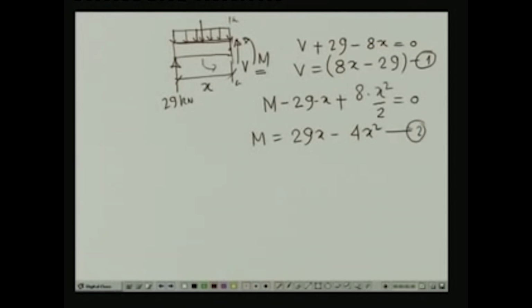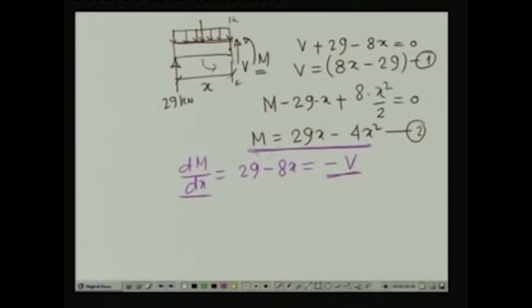Now, from this particular expression, if we take the derivative of this moment, dM/dx equals 29 minus 8x, which is nothing but equal to minus V, and this conforms to the expression we have seen earlier, the relationship between the shear, the bending moment and the loading.